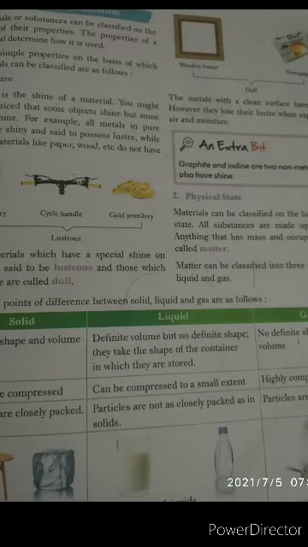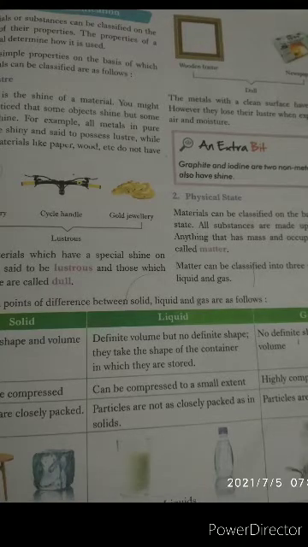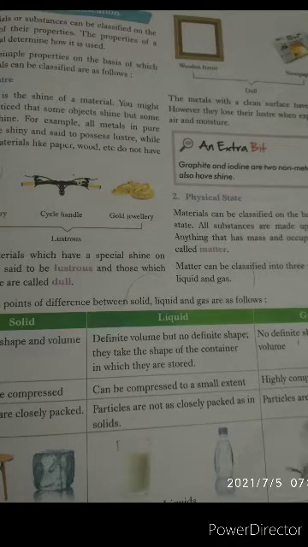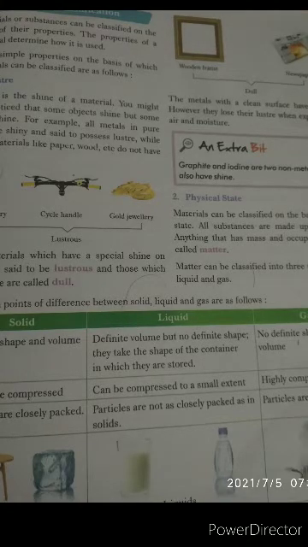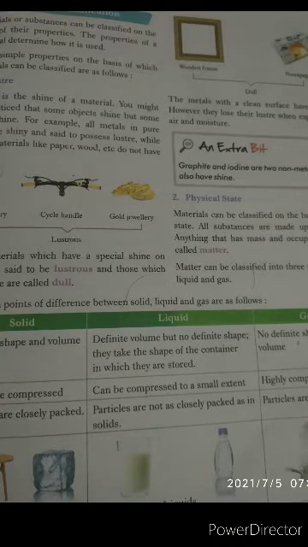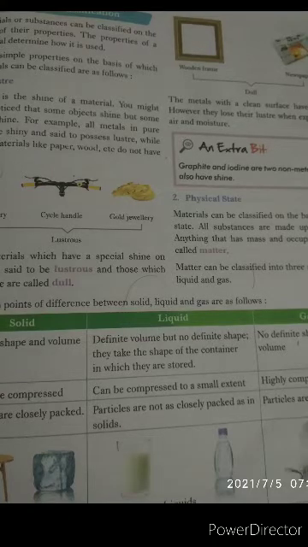Okay, pure materials will shine and some materials do not shine. Luster, here given there. Silver cutlery, utensils and all, they will be shiny. And a cycle handle, when we buy a new one, it will have luster.